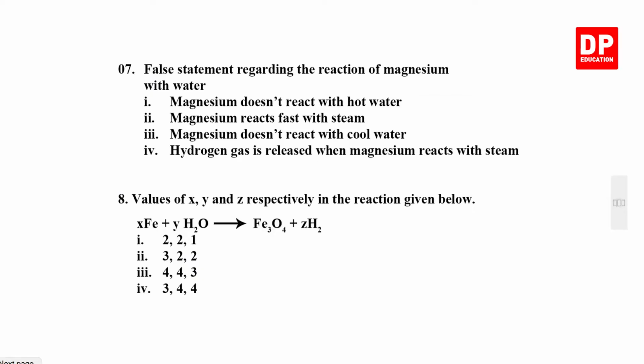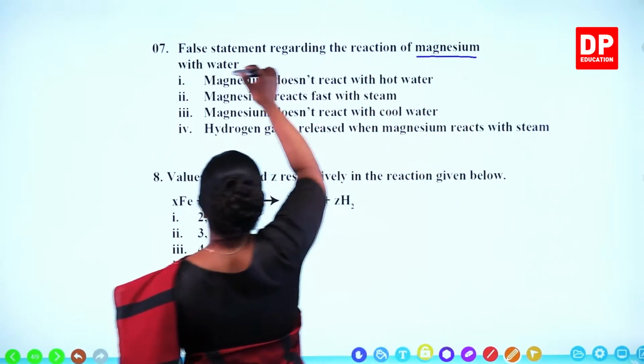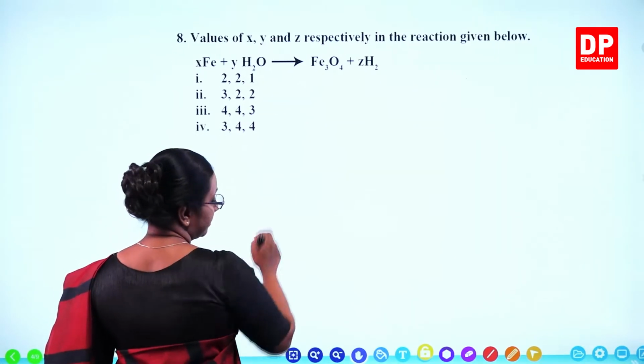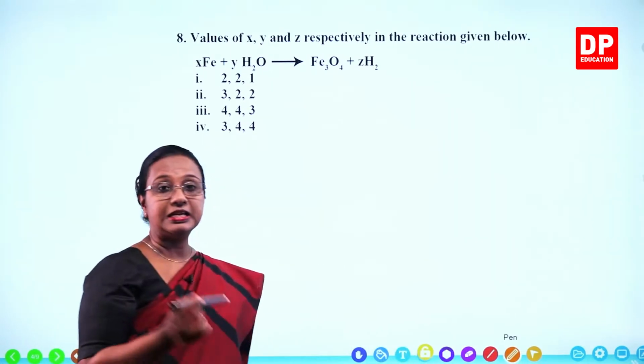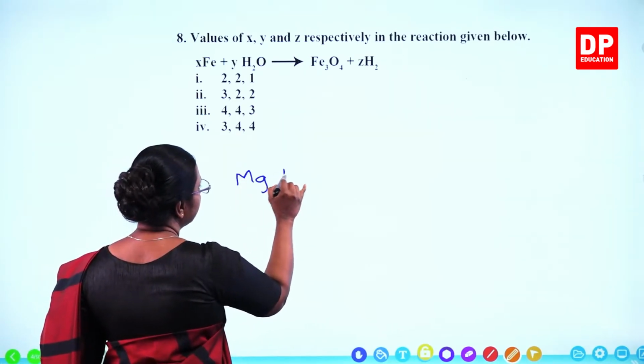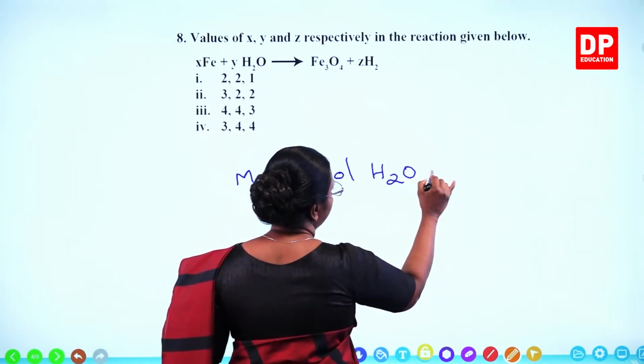Question number 7. False statement regarding the reaction of magnesium with water. So here, students, you all have to remember magnesium with water. When we say magnesium with water, you have to immediately recall: when you put magnesium into cool water, what happens?